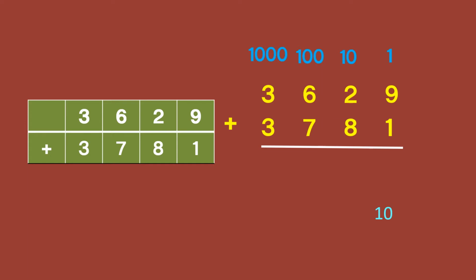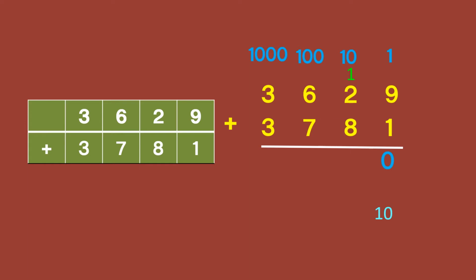So I'm going to give that bundle to tens place. Therefore, nothing is going to remain under ones place. So if nothing remains, you have to mention 0. I'm giving the bundle to tens place and it becomes only 1 in tens place.